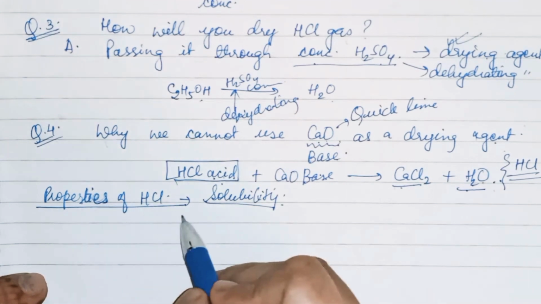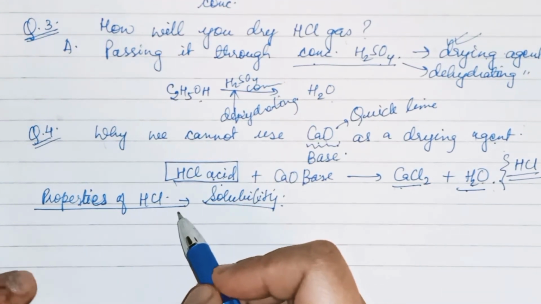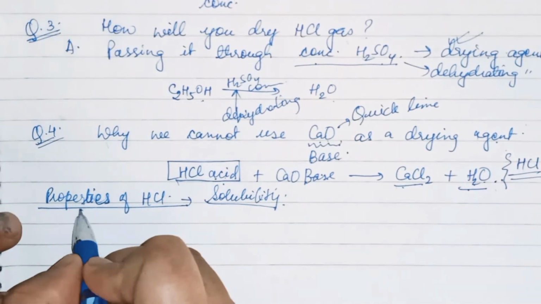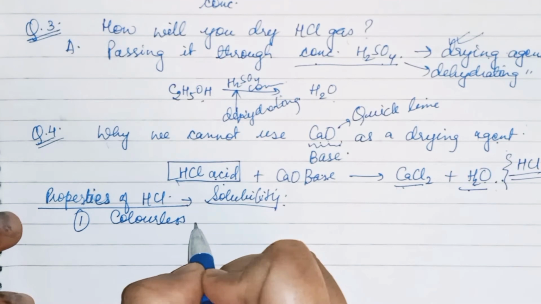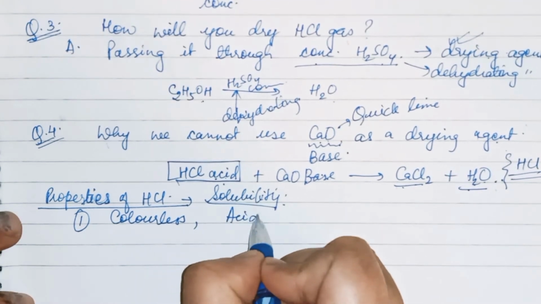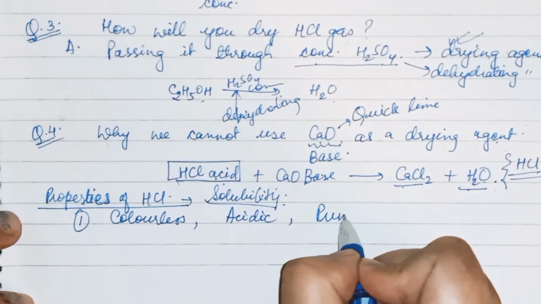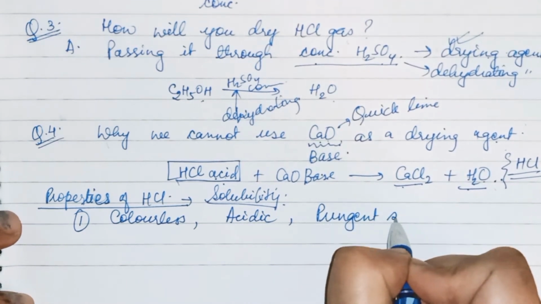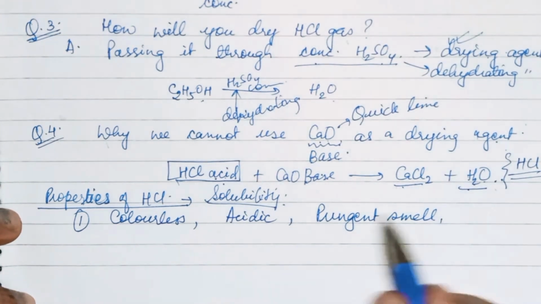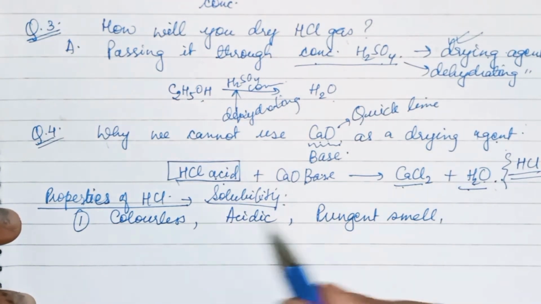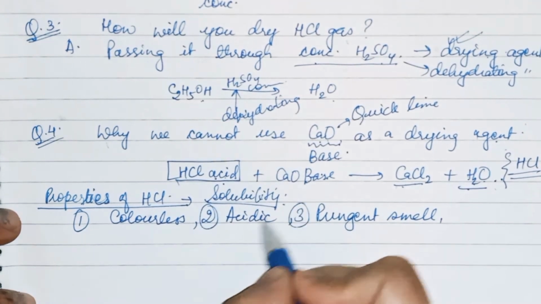Now next is the properties of HCl. You all know some properties of HCl, that it is colorless. Okay, it is acidic in nature. It has a pungent, choking smell. Okay, next, second is this one, third is this.